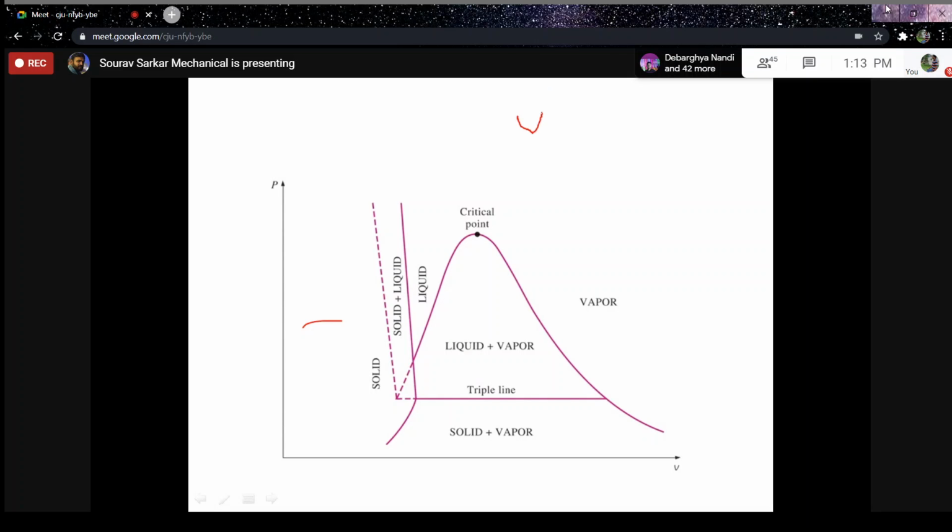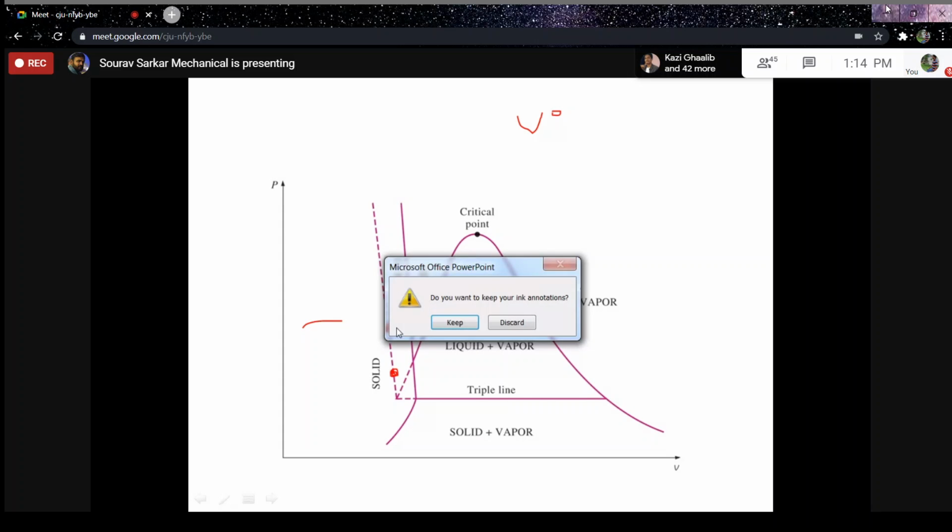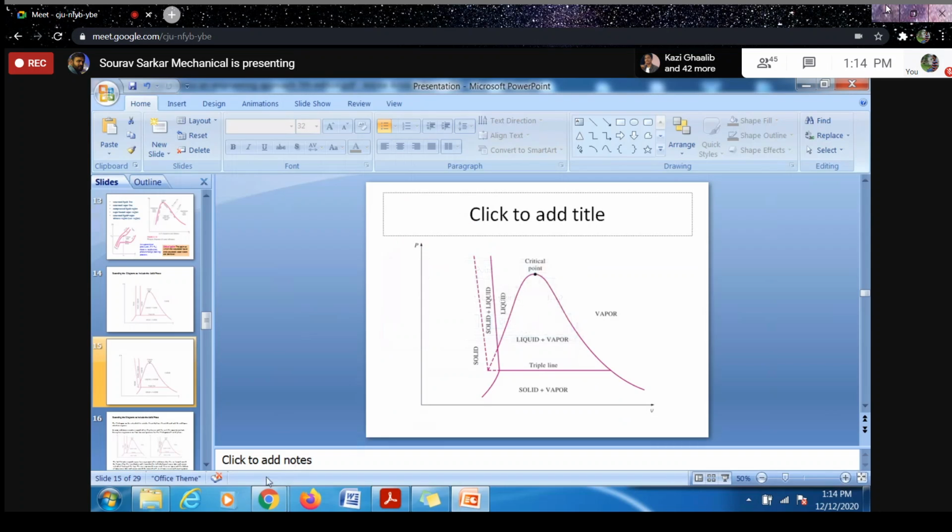First statement is the volume, this is the volume where your melting process will start, and this is... just wait. I think here is some typographical mistake.